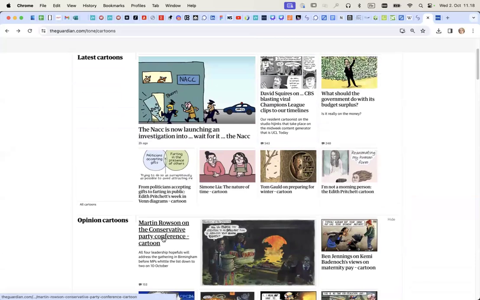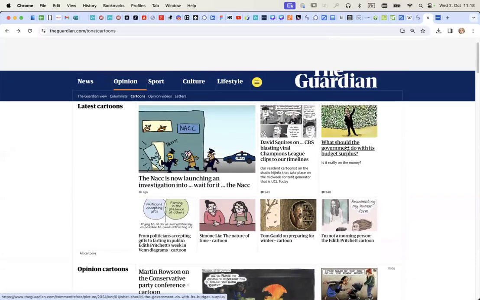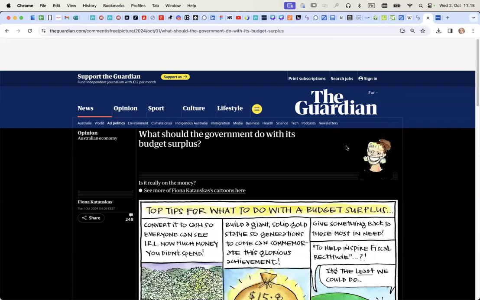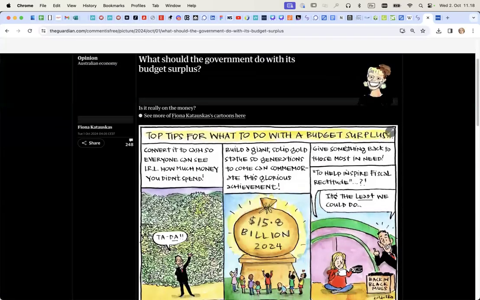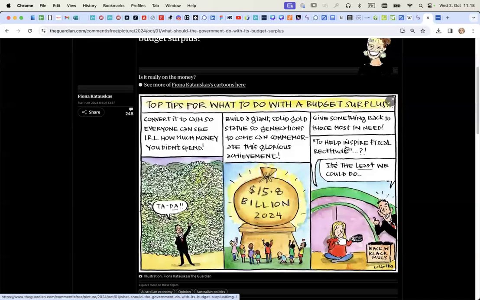Then there is one artist with a lighter touch, Fiona Katauska. So she's also often using the comic strip.